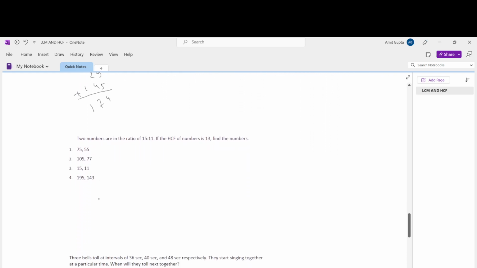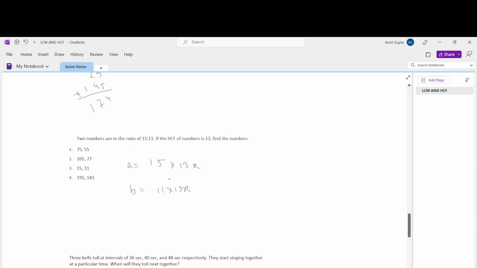Now we take another question. Two numbers are in the ratio 15 and 11. If the HCF of the numbers is 13, find the numbers. Let's suppose the numbers are A and B. A is 15 into 13x and B is 11 into 13x.